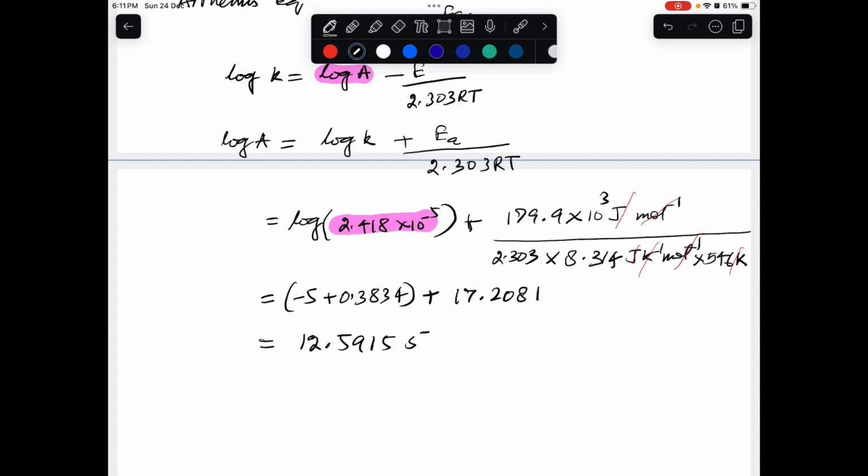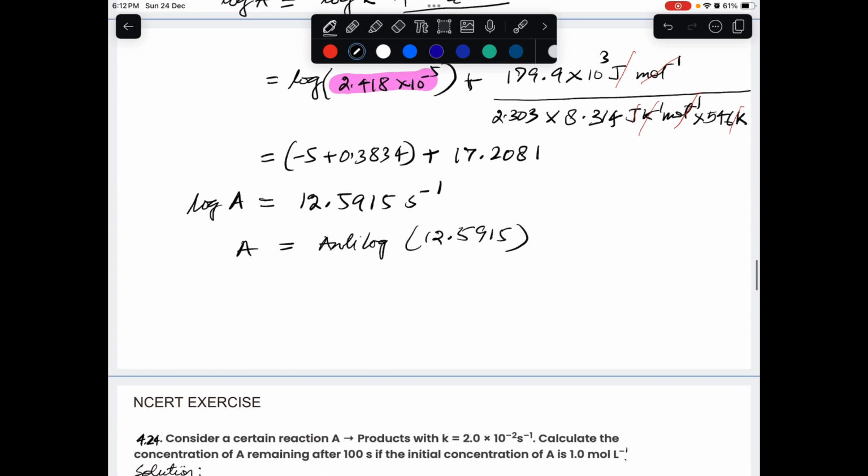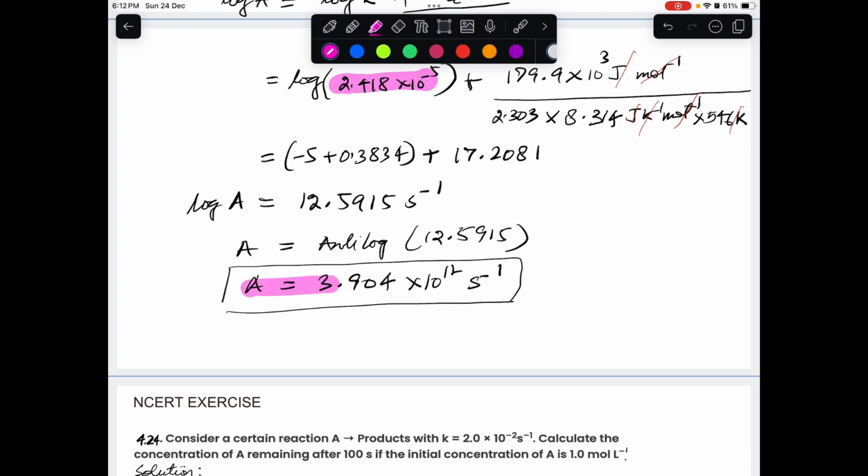This is the value of log A. So A will be taken as the anti-log of 12.5915, and we are getting the value 3.904 into 10 raised to the power 12 per second. So this is the value of A that we have to calculate, that is the value of the pre-exponential factor. This is your answer.